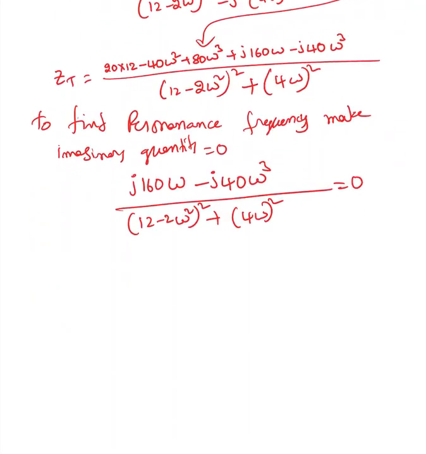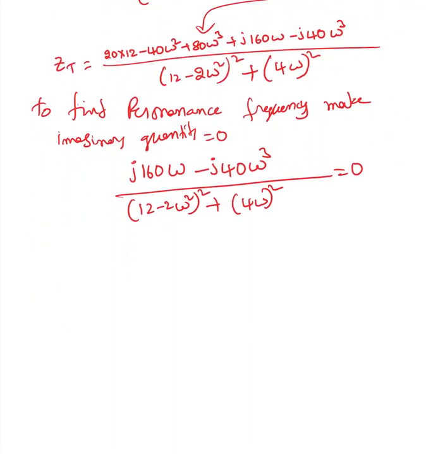Okay, so I can pull out the j and take it to the other side. It's going to be 0, and the denominator I can take to the other side, multiplied by that, it's going to be 0. So I have j160 omega minus j40 omega cube equal to 0.